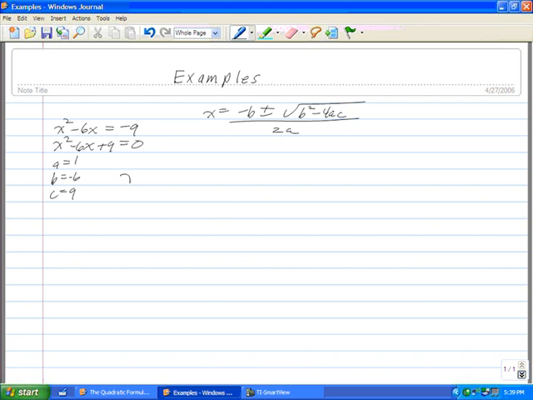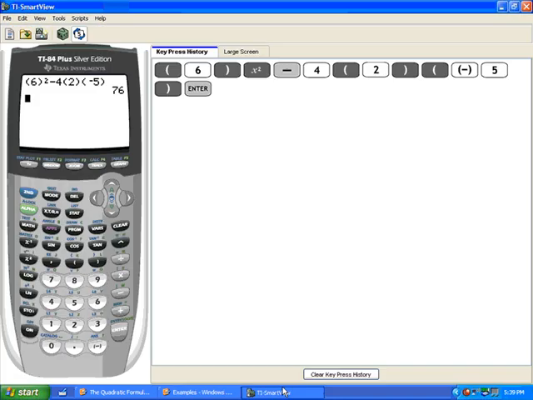So I start plugging in x equal to, now since b is a negative 6, the opposite of b will show up as a positive 6 plus or minus the square root of the negative 6 squared minus 4 times the 1 times the 9 all over 2 times 1. Again, going for the discriminant.